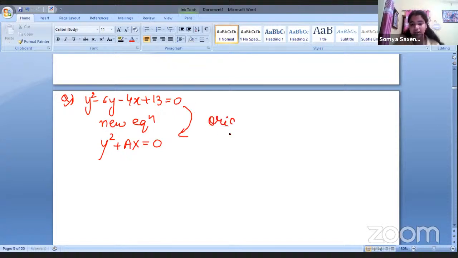Now we have to find the value of the new origin. We have to find the h and k coordinates. So you want to try it? You all want to try it, or shall I tell you the answer right away?